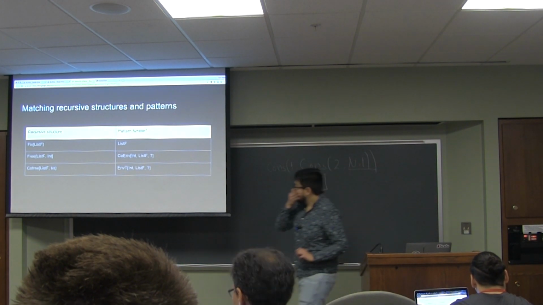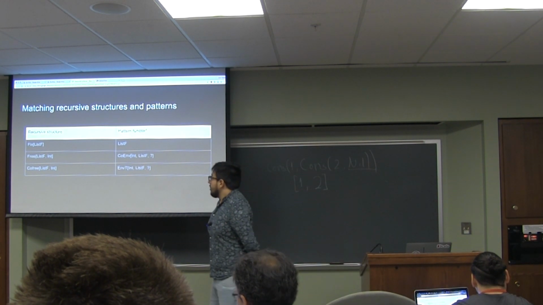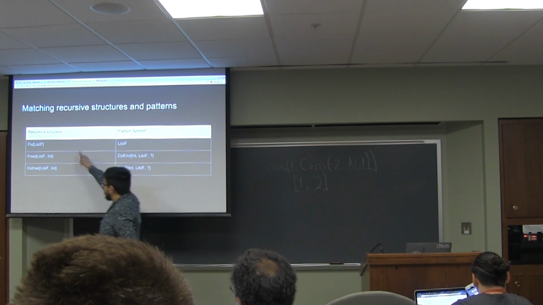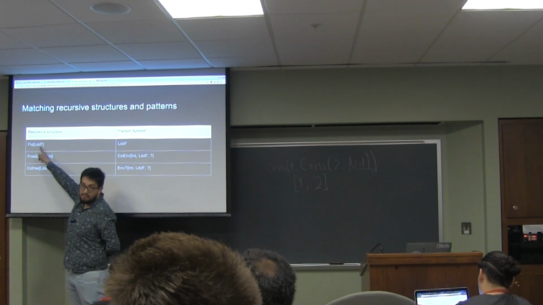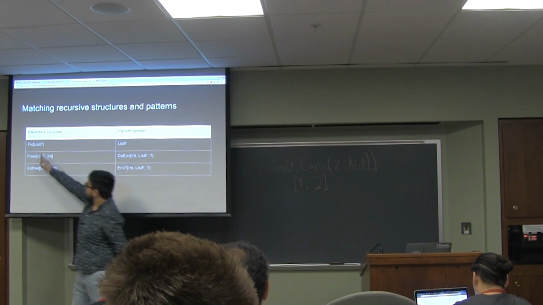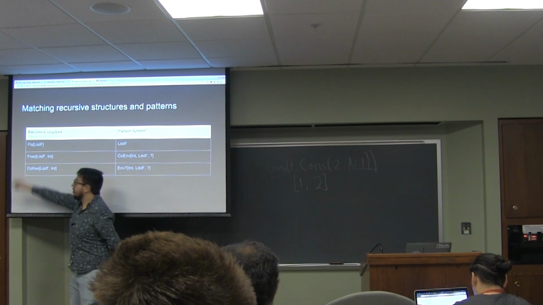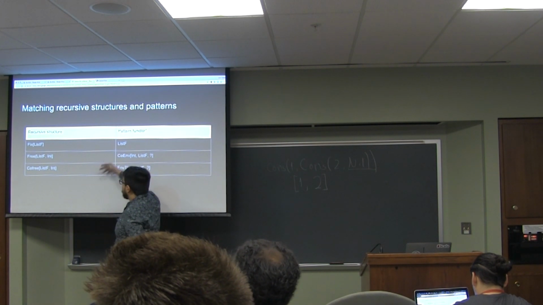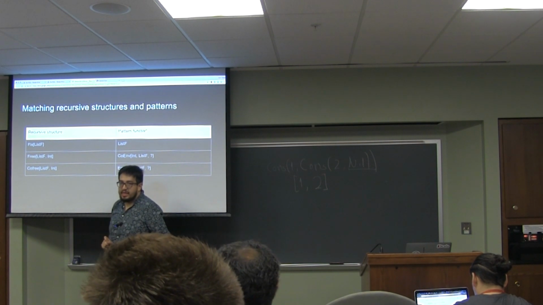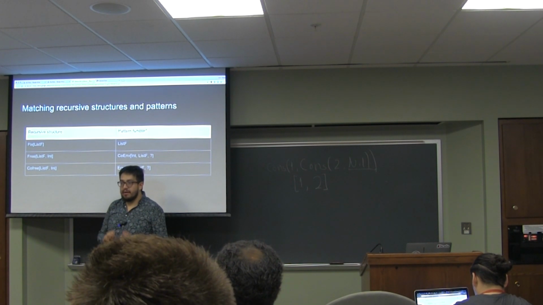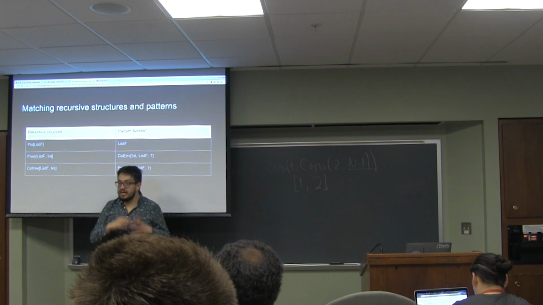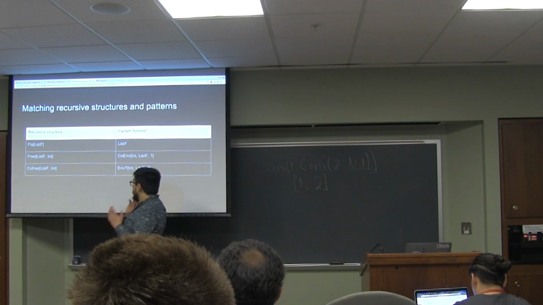So we have a fix of list F. This is the recursive structure. As I said, you give it the pattern functor, you pass it to fix, and it will give you back the recursive structure, like fixed list F. And as a pattern functor, that will be list F. In the case of free and cofree, their pattern functors have a bit more structure, since one has an extra constructor and the other one has an annotation.